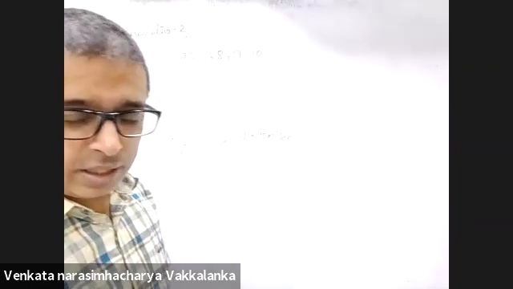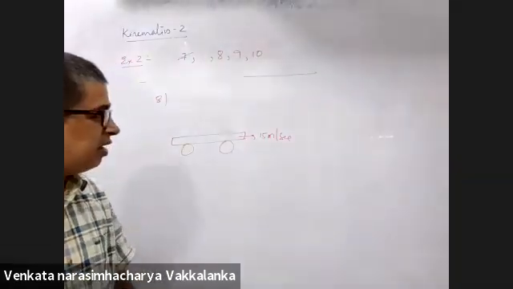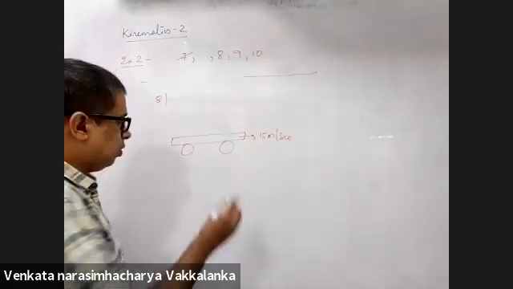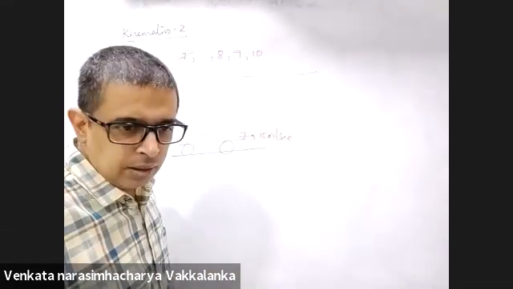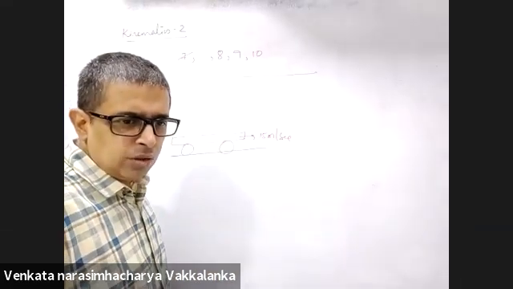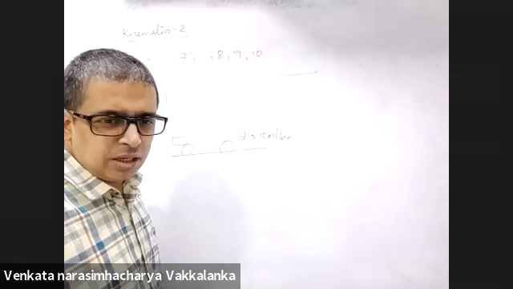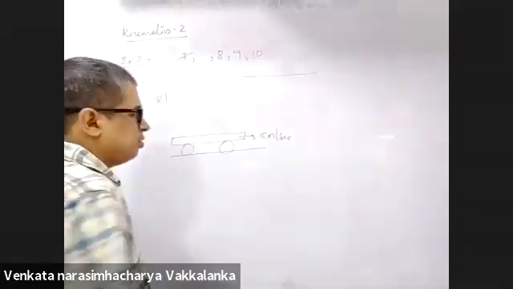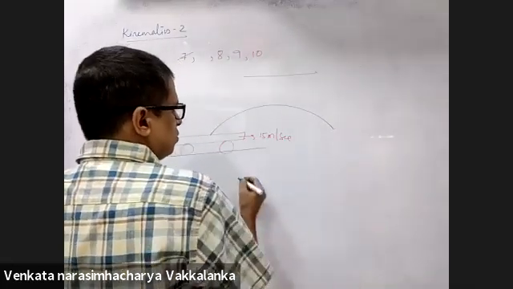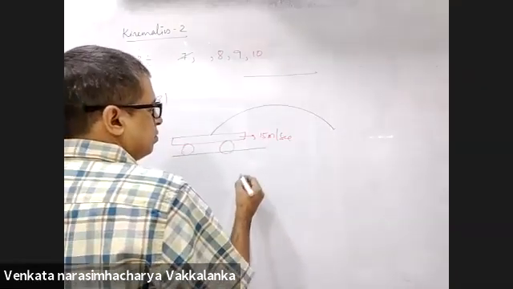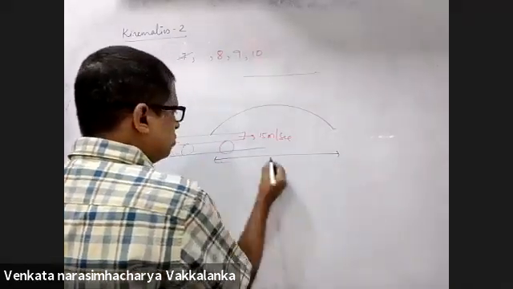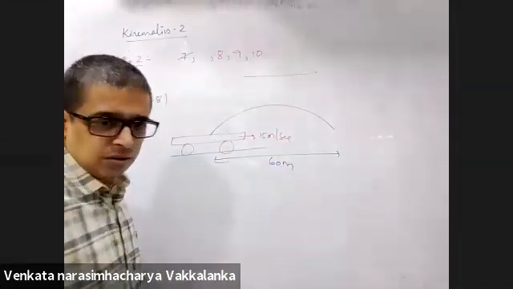Man is standing on a truck moving with a constant velocity of 15 meters per second on a horizontal road. The man throws a ball in such a way that it returns to the truck after the truck has moved 60 meters. Right? So the range is 60 meters.